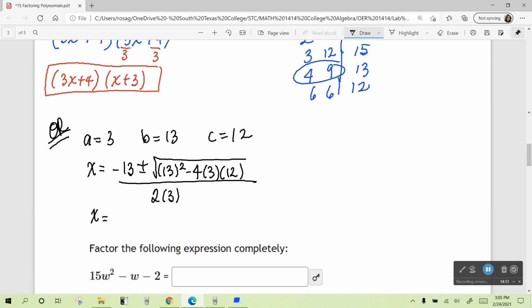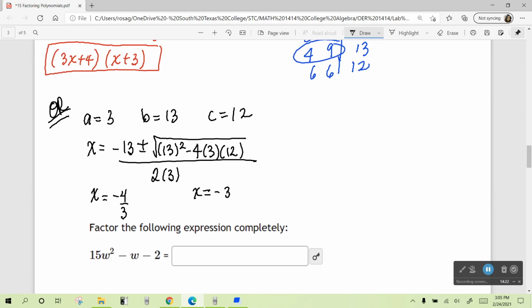So if you put it in the quadratic, you're going to get -4/3, and you're going to get -3. So when it's time to take them back, this one comes over here, so you get x plus 4/3, and this one is x plus 3.